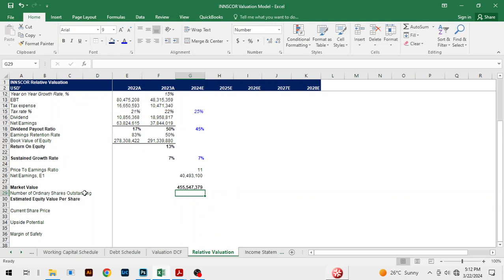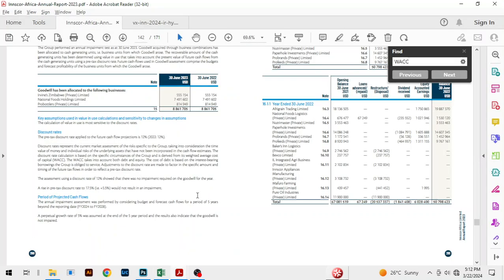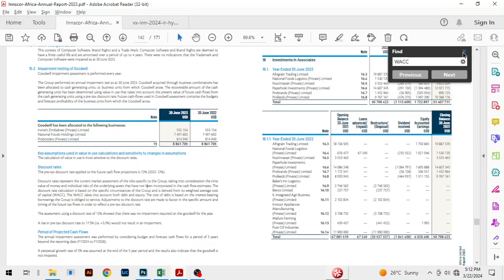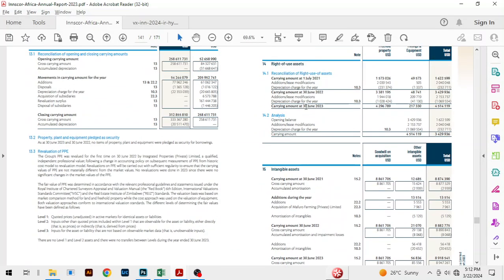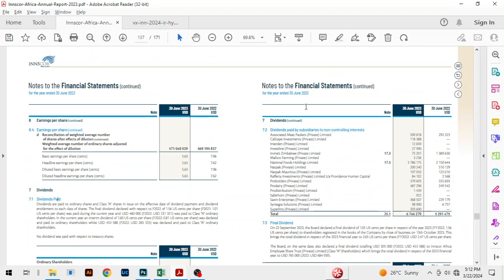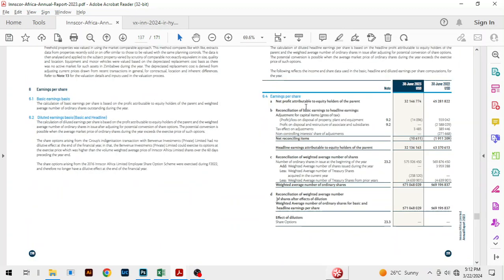And I want the number of ordinary shares. So I think I can go to note number 6, if I'm not mistaken. It should be note number 6, and then we get to have the weighted. So this is it, the weighted.